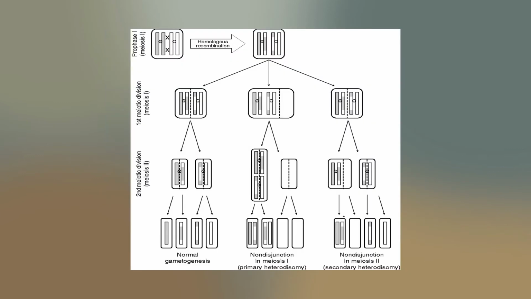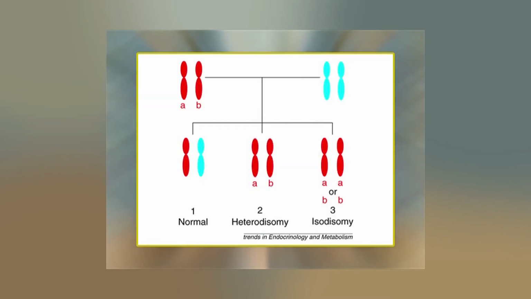Uniparental disomy can be the result of heterodisomy, in which a pair of non-identical chromosomes are inherited from one parent, an early-stage meiosis 1 error, or isodisomy, in which a single chromosome from one parent is duplicated, a later-stage meiosis 2 error.